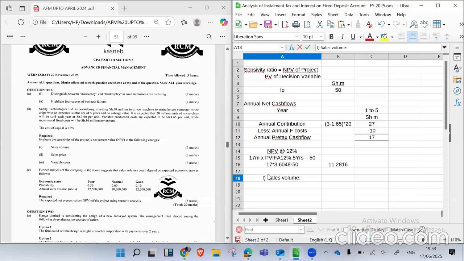For the sales volume, the sensitivity ratio shall be equal to NPV of the project divided by present value of sales volume.